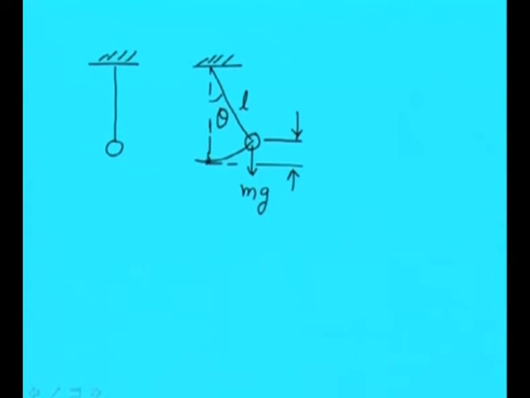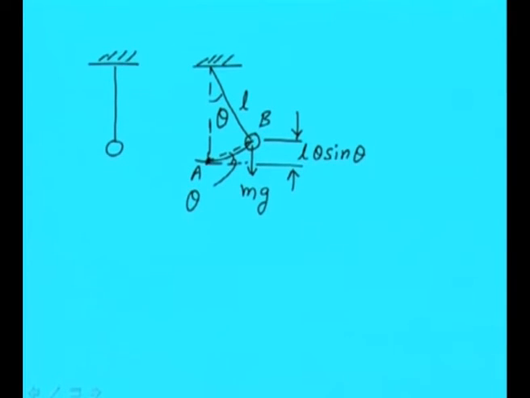So, from here to here this cord length will be L theta, and we can show that this particular length will be L theta into sin theta, because if we draw this line, this angle is theta, and let us say this is A, this is B. So AB chord length is L theta.